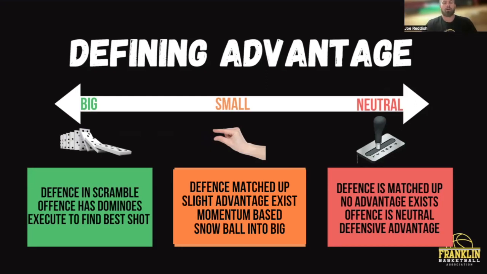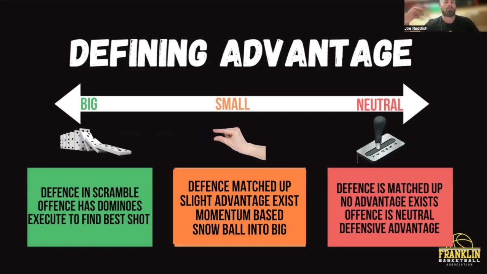Now, we slide over to a small advantage. A small advantage is when the defense is matched up, but there's a slight advantage that exists. That can exist in various different ways. Usually, small advantages happen with some type of momentum, some type of flow.